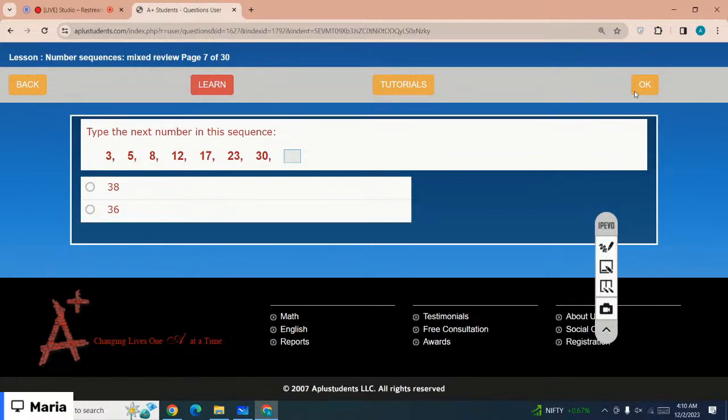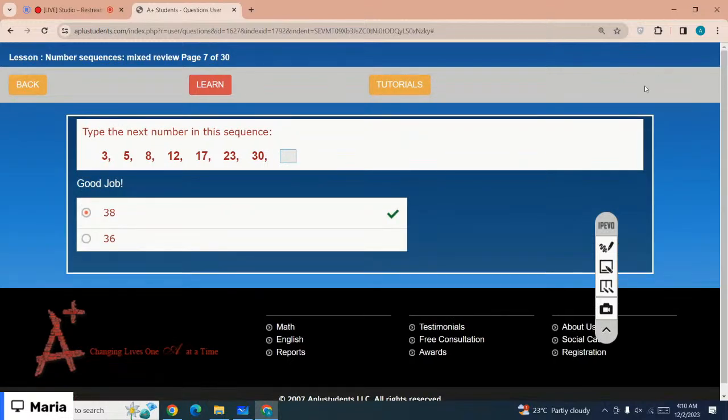Okay, type the next number in the sequence. So which is the next number? Yes, the next number in the sequence is 38. The correct option is 38.